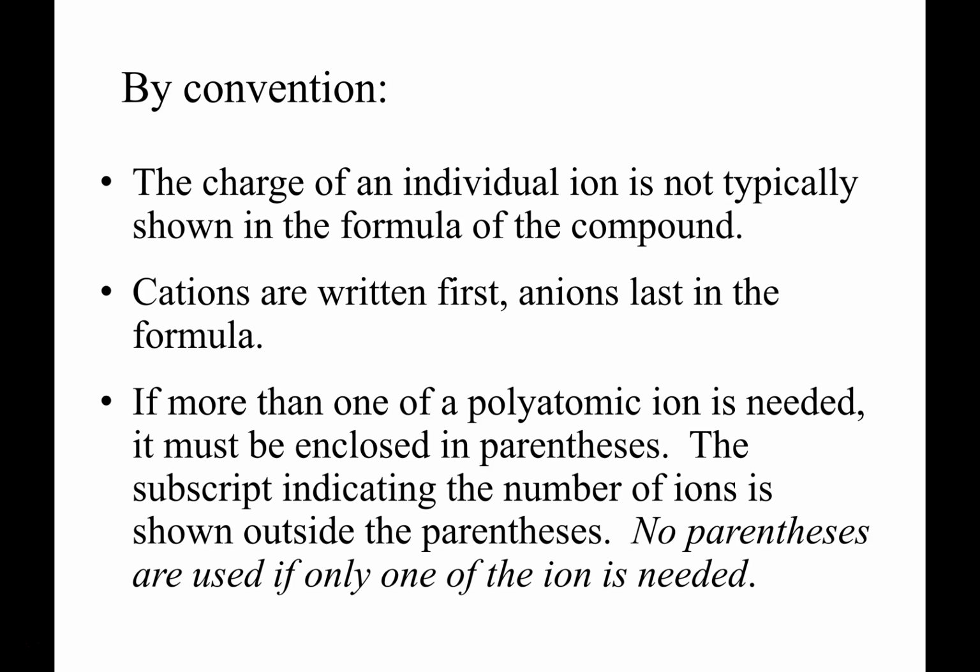And then how many NO3s do I need? I need 2. And so what that's saying is if I need 2 NO3s, I have to put NO3 in parentheses, and then as a subscript outside the parentheses, put a 2. Okay, so that's all that's saying.